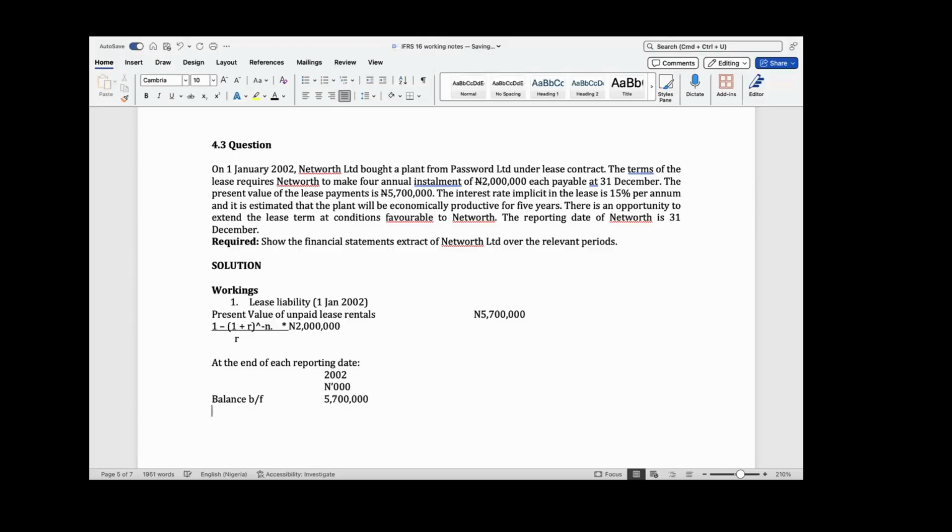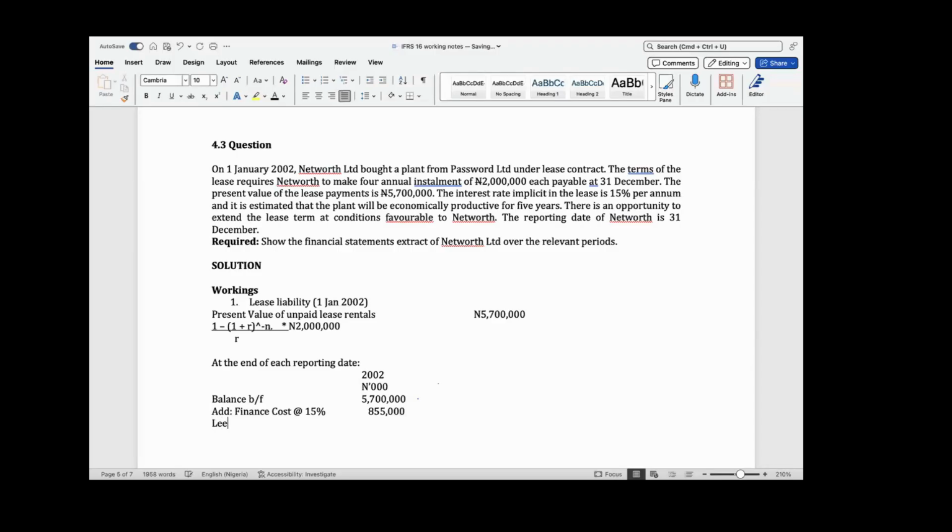The balance at the beginning was 5,700,000. I will add my interest, let me call it finance costs, at 15%. What's 15% of 5.7 million? $855,000.